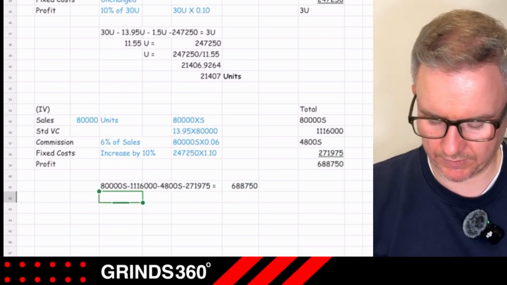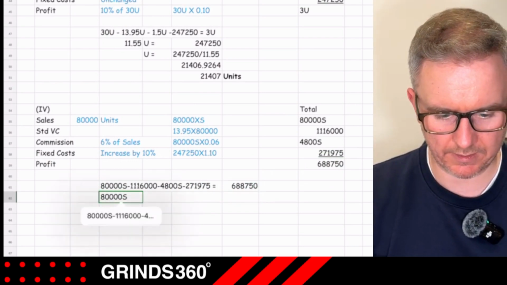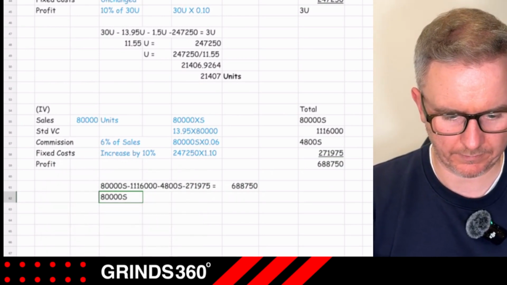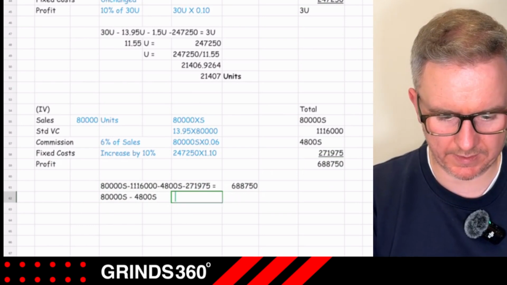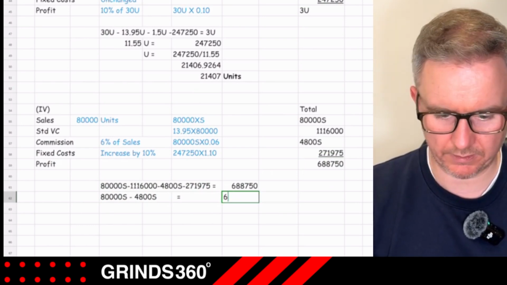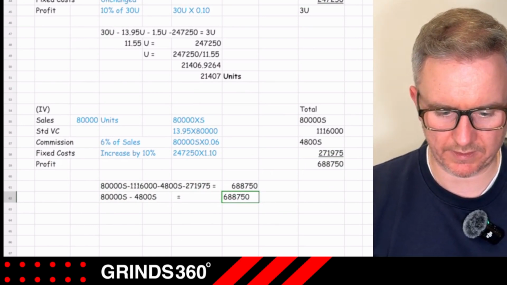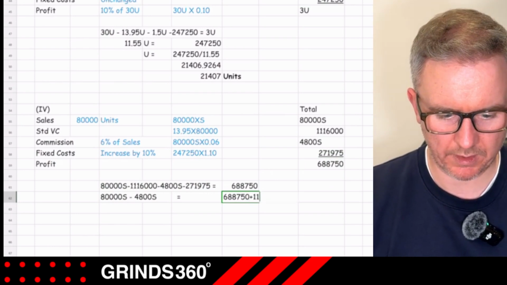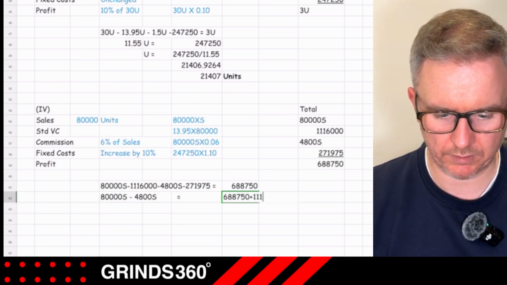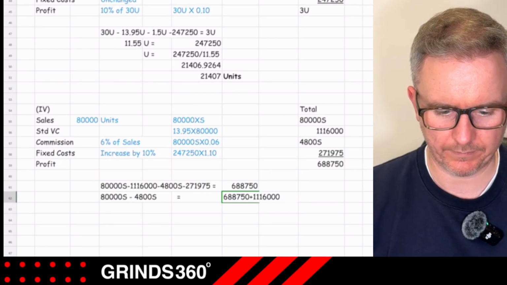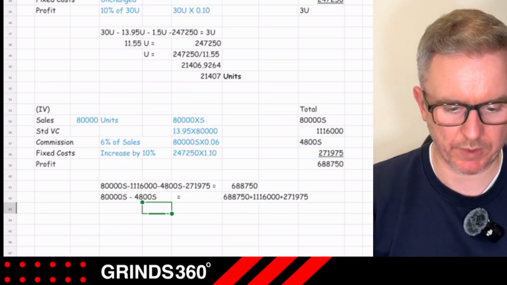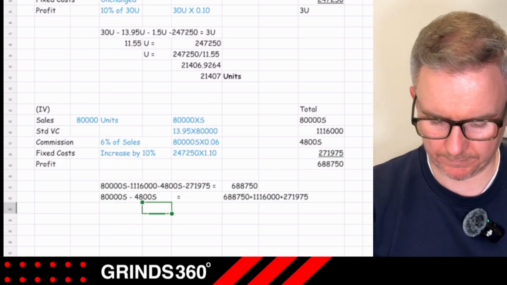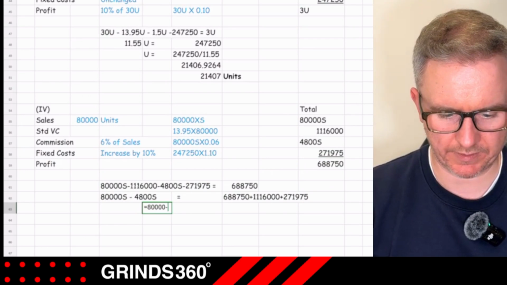Get all the S values to the left hand side. 80,000 S minus 4,800 S. Everything else over to the right hand side. So 688,750 plus the 1.116 million plus the 271,975, and then just tidying it up. So we come along, 80,000 minus the 4,800S.